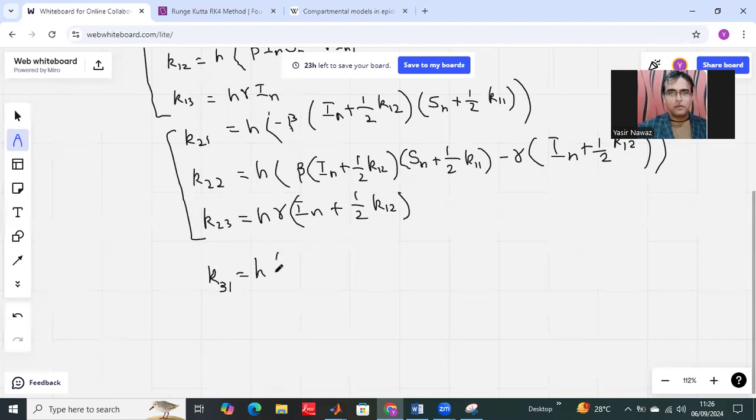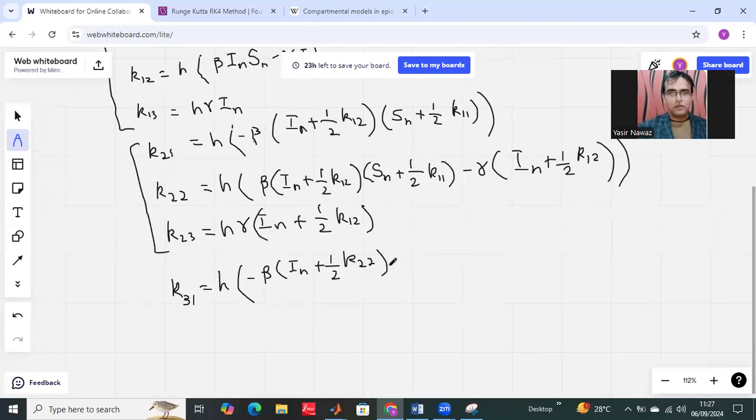So it is H, then minus beta, and then it will be IN plus half K21. No, it would not be K, it would be K2. For IN it is K2. And then multiplied by Sn plus half K21. For susceptible, the previous equation was K21.